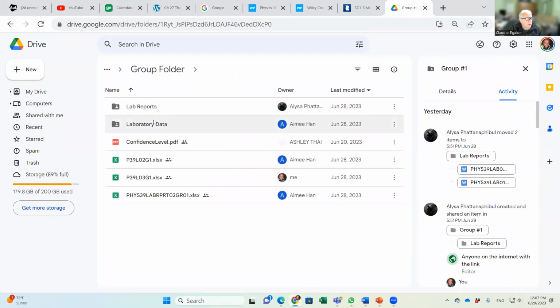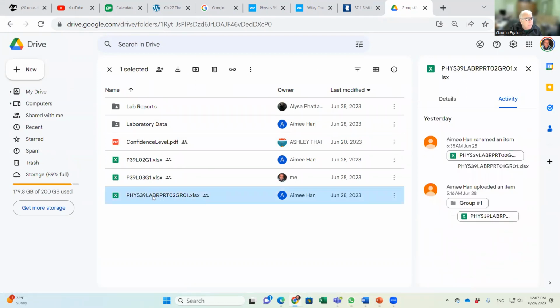Let's see how we're doing here. Lab report. Okay, group number 1 is in there. IME is there. Okay, so do not do this title here. Just keep the same title that you had before. That goes for everybody, not just for group one.